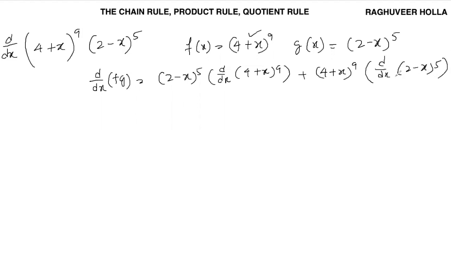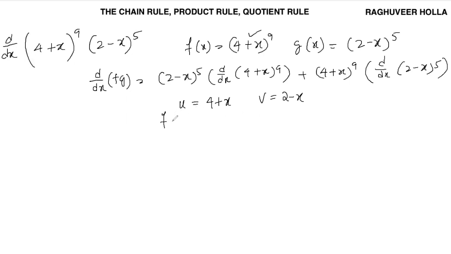Again, here, if you look at this, we can apply a chain rule. Let us consider u as 4 plus x and v as 2 minus x.